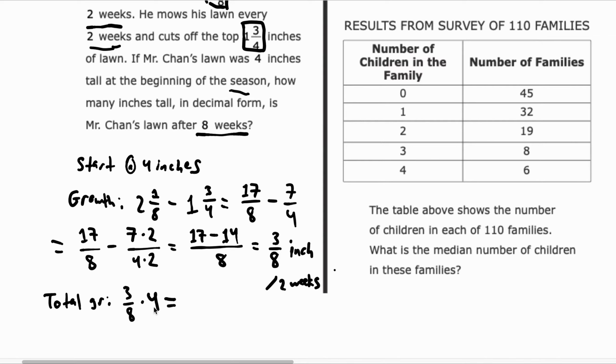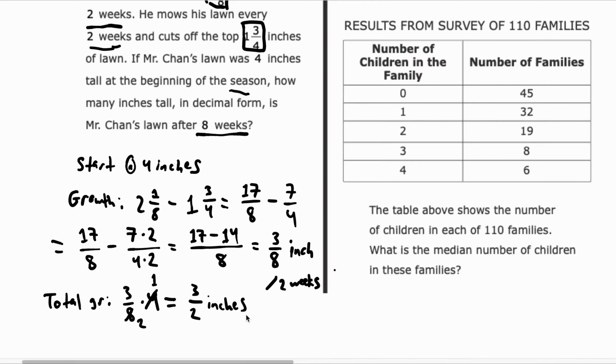That makes sense, because if it grows 3 over 8 inches every 2 weeks, then after 8 weeks it'll grow 3 over 8 times 4. So that will be 3 over 2 inches.